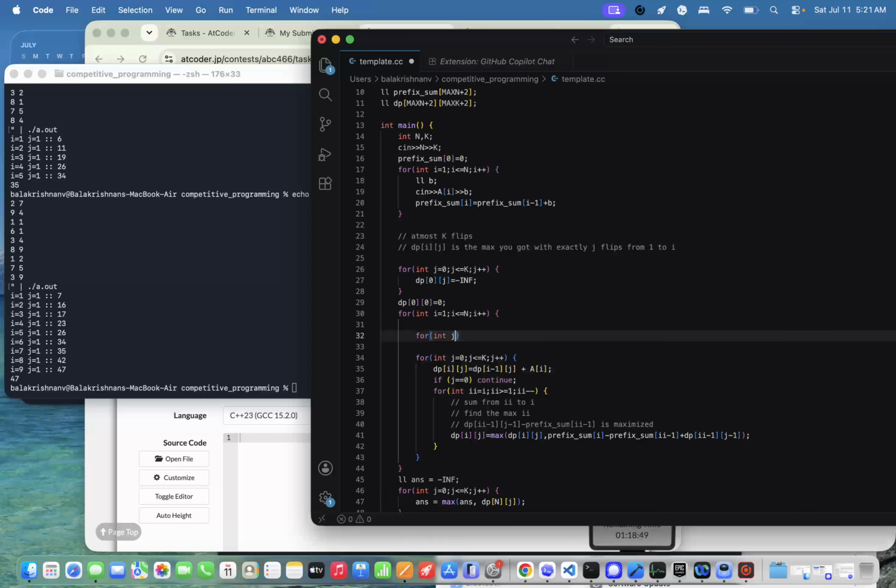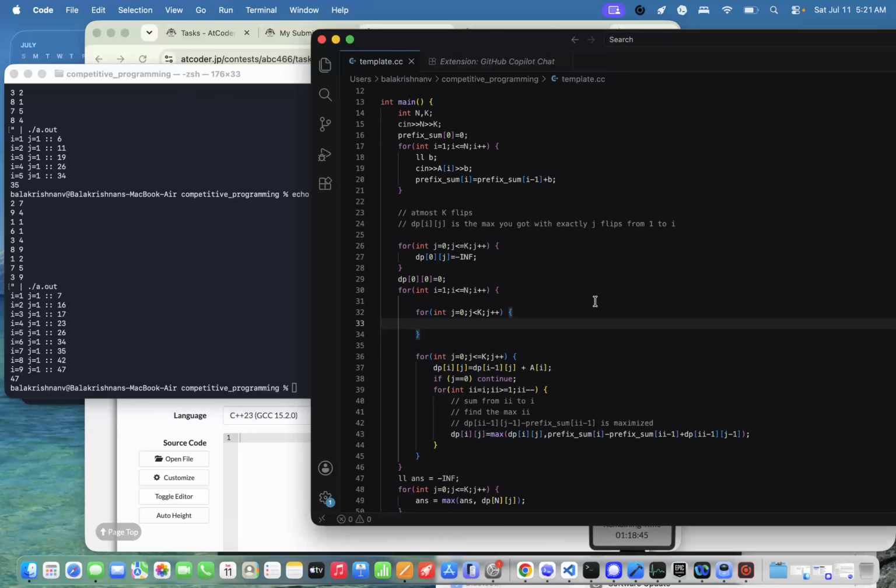for int j goes from 0, j less than k, j plus plus, dp of I minus 1 j minus prefix sum of I minus 1. So add this to the maximum.